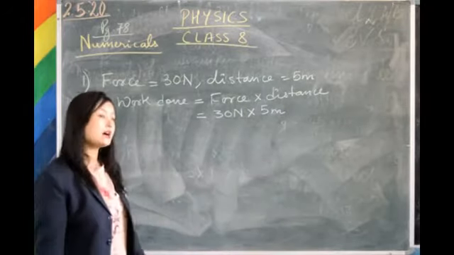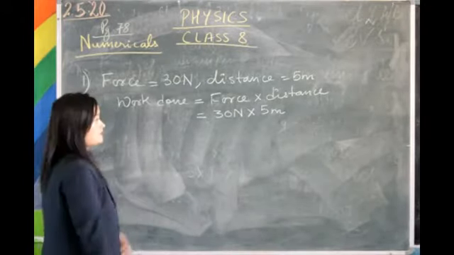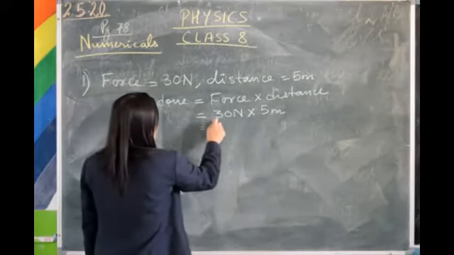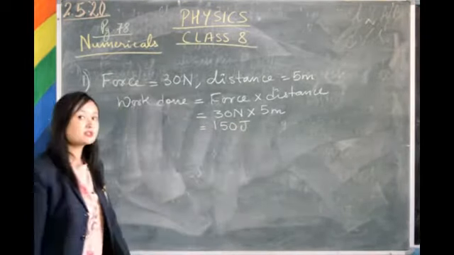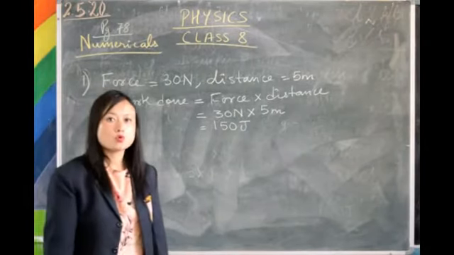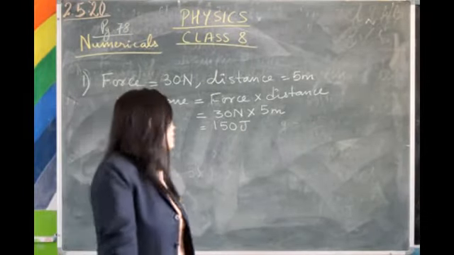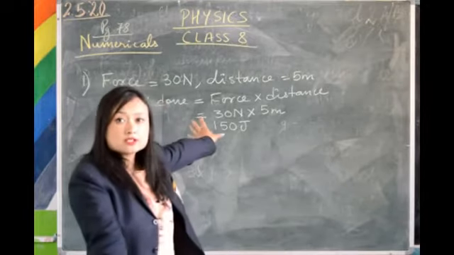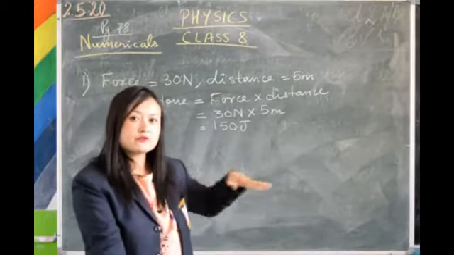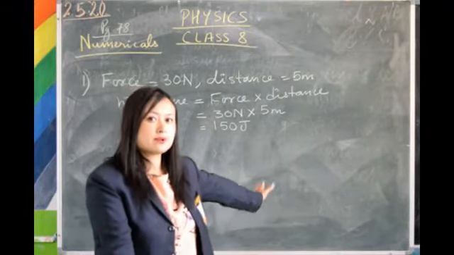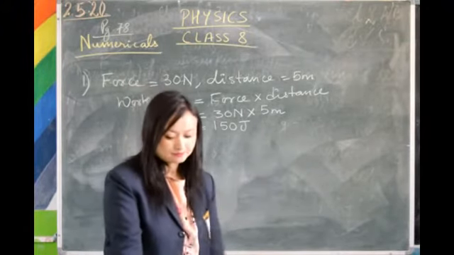And you simply have to multiply 30 and 5. So when you multiply 30 and 5, you get 150 joule, which is the SI unit of work and energy. So this is how we calculate the work done when force is given and distance is given. You don't have to do anything, you simply have to multiply force and distance.